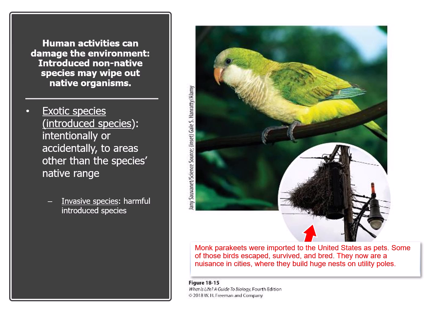Within this group, you can have invasive species. Not all introduced species are invasive, but all invasive species are introduced. Invasive species are species that are not native to an area, so exotic species, except they are harmful to that ecosystem or to the native species within that environment.